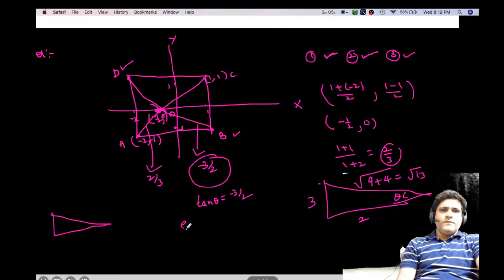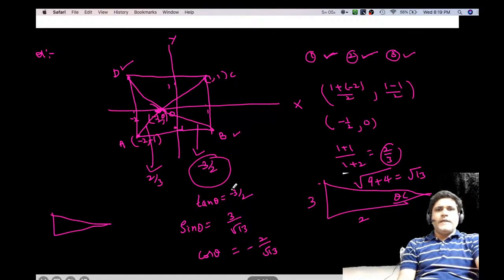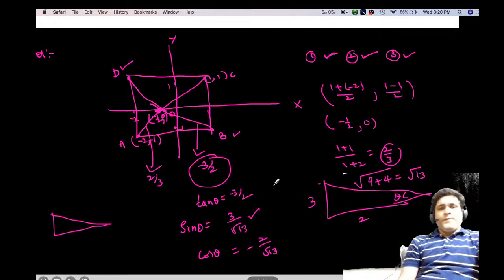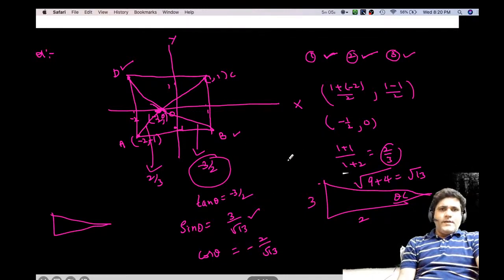From this, sin theta is 3 by root 13, and cos theta is equal to 2 by root 13 with minus sign, because tan theta is negative. Tan theta negative means obtuse angle, because in the second quadrant sin is positive, cos is negative. Whenever tan theta is negative, you can write sin theta and cos theta values directly from the diagram, putting a minus for cos. So now it's a parametric equation application.